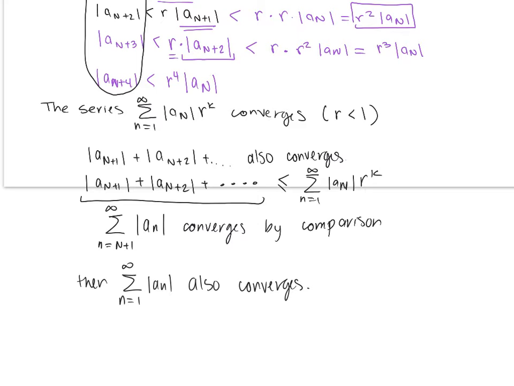So will adding the first 100 things back in change the fact that the series converges? No, it'll just make the sum bigger. But the point is, adding in a finite number of things will not change convergence or divergence. So if your series of absolute values converges, that means that your regular series is absolutely convergent, right?